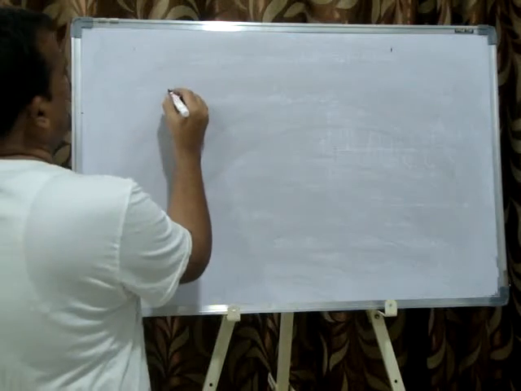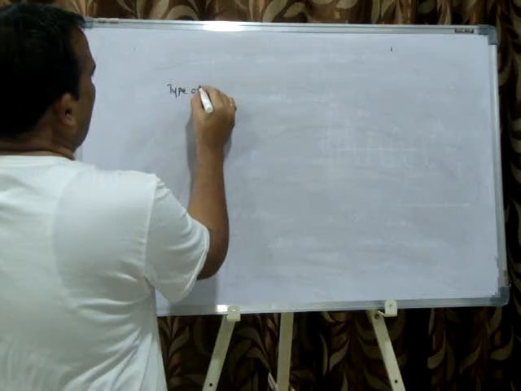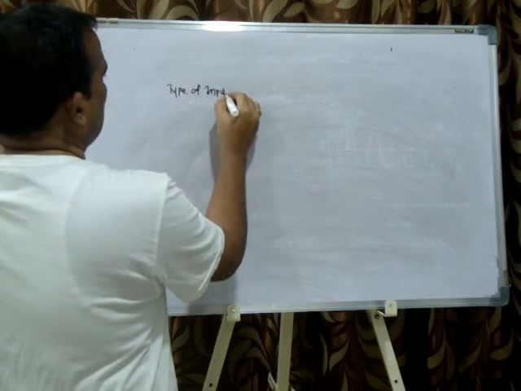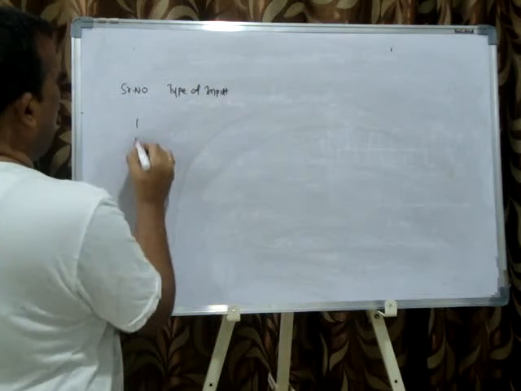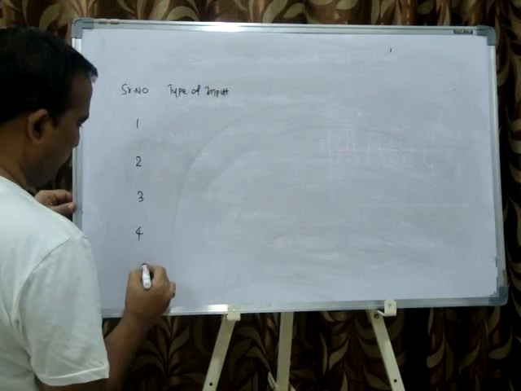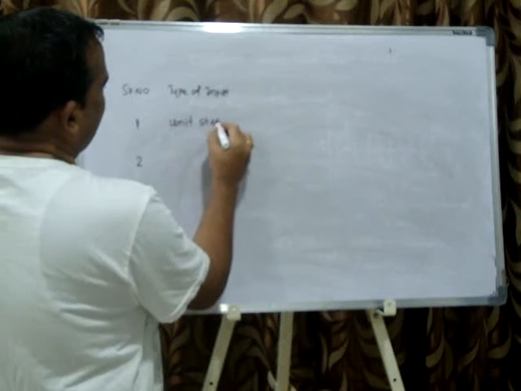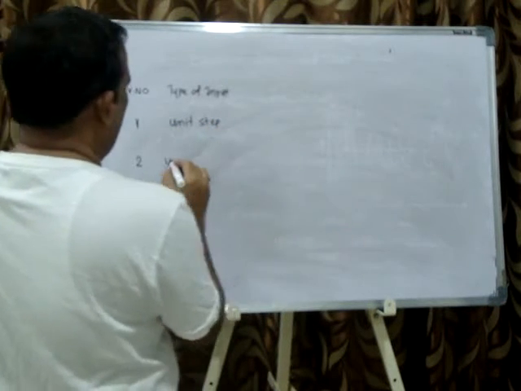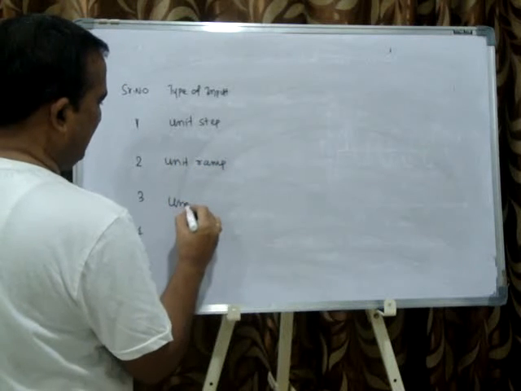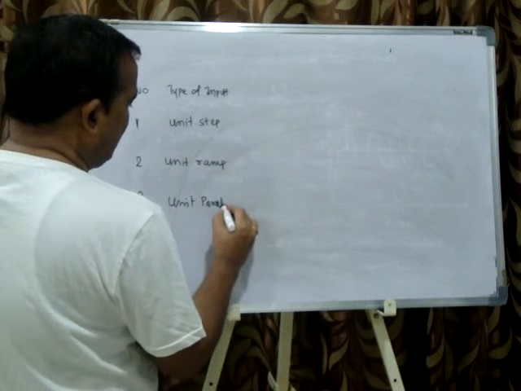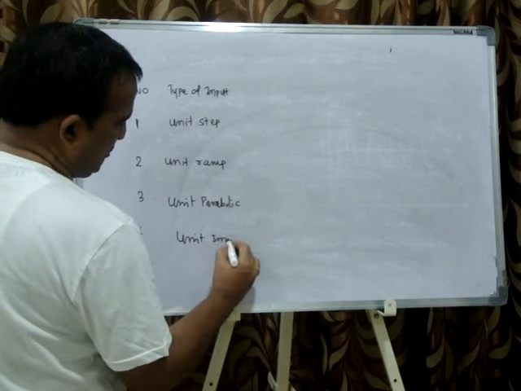So that is called step type of input. We have seen serial number 1, 2, 3, 4, 5. Type of input: unit step input, unit ramp, then unit parabolic, then unit impulse.